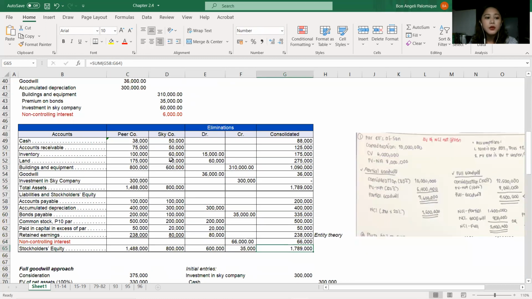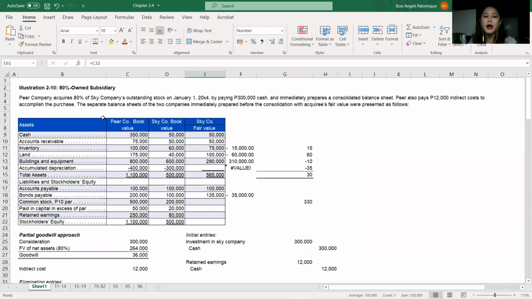Okay. So, kung makikita nyo, ang pinagkaiba lang talaga is nagkaroon ng NCI, which is computed gamit nito dati. Dinugtong lang natin siya sa ganitong problem. So, reminder lang na under the entity theory, yung matitira sa ating equity is the parent only. So, syempre, minsan, ang haba ng given.